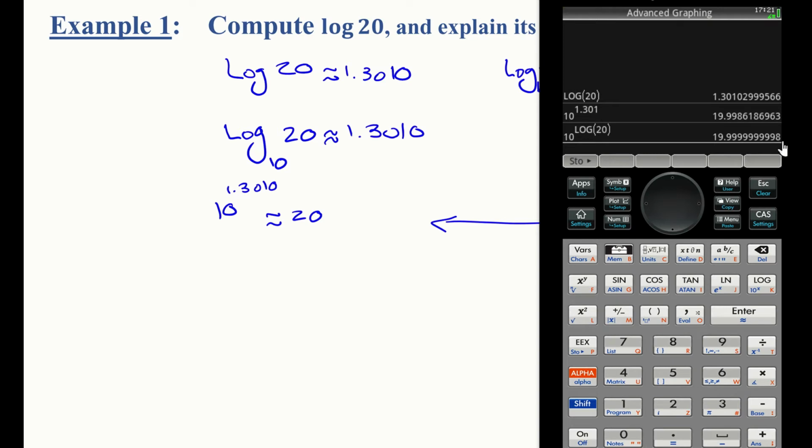This is the limitation of calculators. Even with log 20, even if we don't limit it, the calculator itself has a limitation, so it's just going to get extremely close. But some calculators actually end up giving you 20. It depends on the calculator you're using.